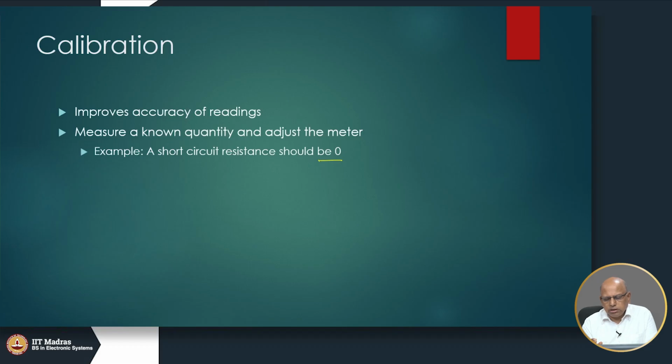It should be 0, but if it is showing 100 ohms, then it is not correctly calibrated. There will be a calibration adjustment, you have to use that, so that it shows 0 when you measure the short circuit resistance. Okay. All right.